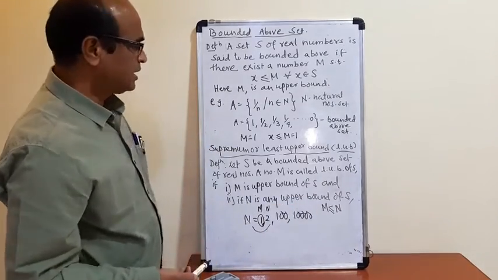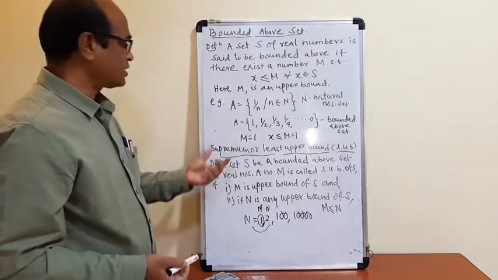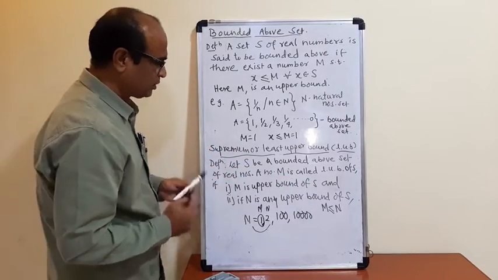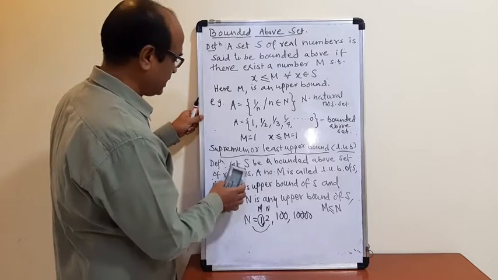So that is the definition of least upper bound, or just supremum. Okay, so this is a very simple example.